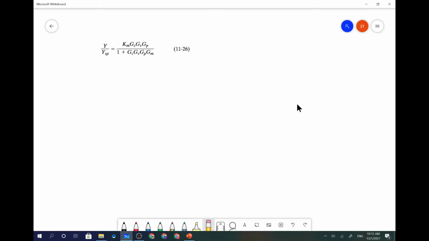So let us derive this from the closed loop transfer function for set point change. Here we simplify, we put G equal to GV, GP and GM, so our KM is still equal to GM.